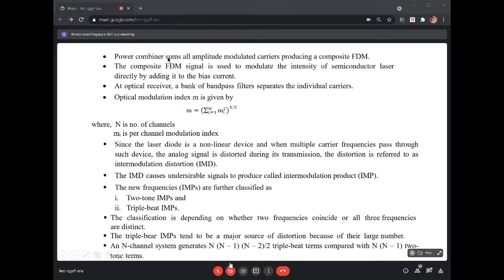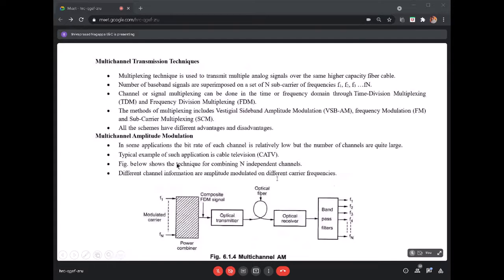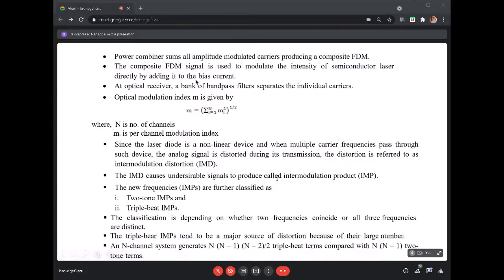The power combiner sums up all the amplitude modulated carriers producing a composite FDM signal. The composite FDM signal is used to modulate the intensity of a semiconductor laser directly by adding it to the bias current. So with the variations in the bias current, you get the optical signal.